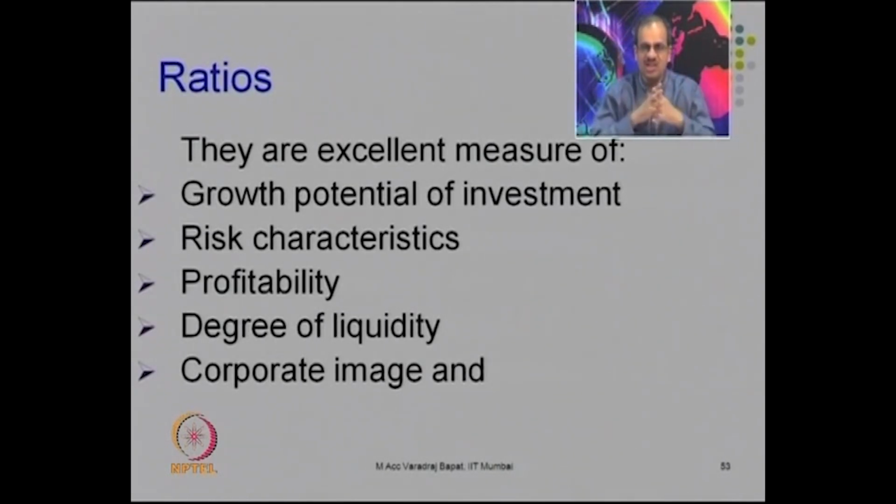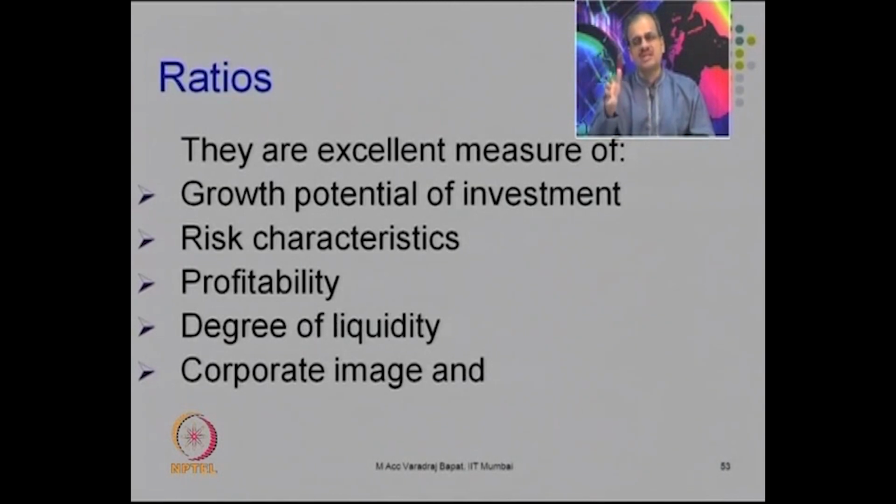So, we have finished our discussion on ratios. You would have understood that this is a very important measure. It can be used for a variety of purposes like growth potential, risk factors, liquidity, profitability, corporate image and so on.